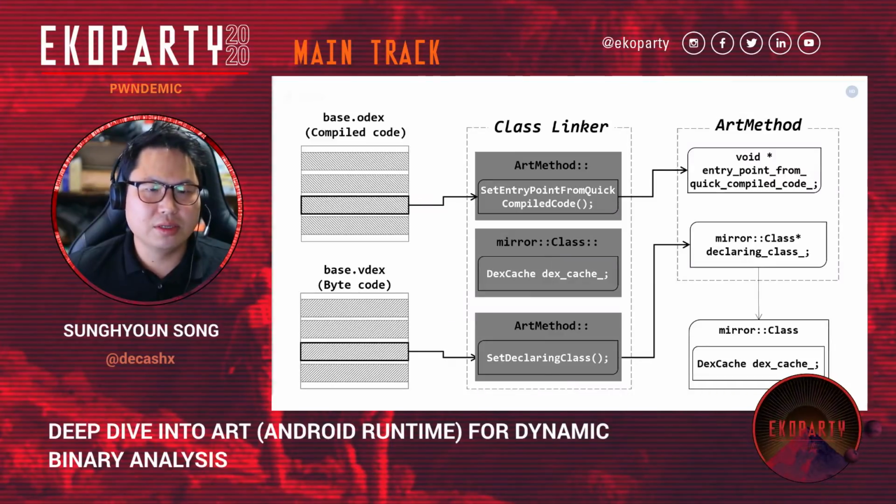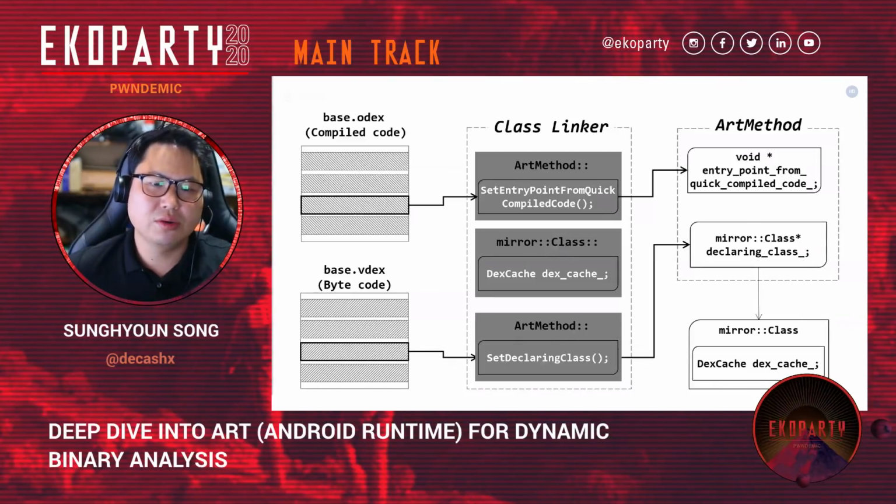This is a simplified picture of how OAT and bytecode are linked to the ART method object inside ART through the class linker. Before the execution, all methods in the app are linked to the execution code as an ART method object.